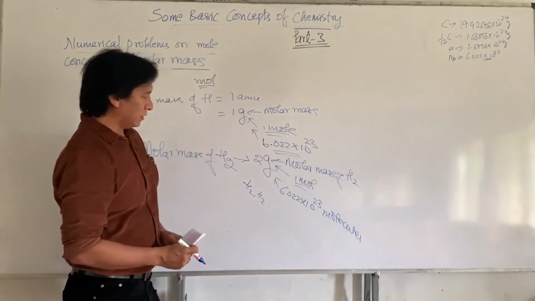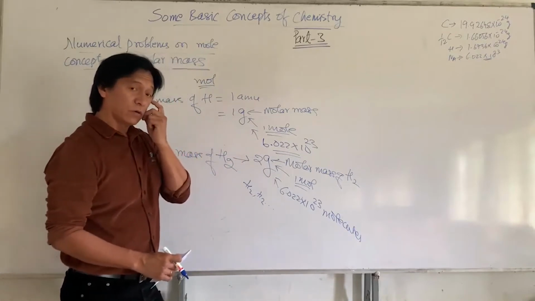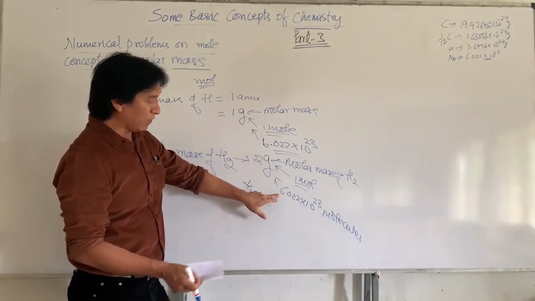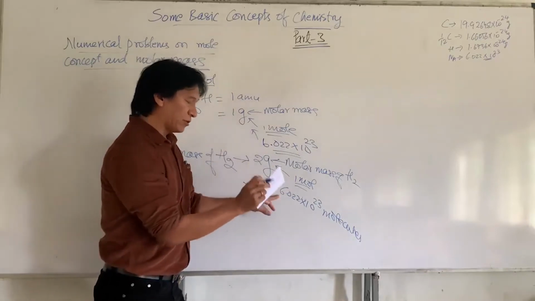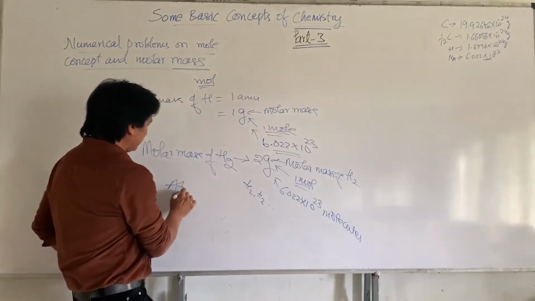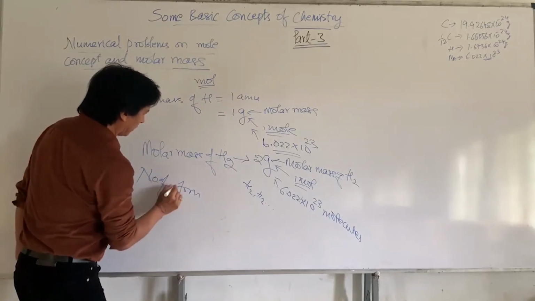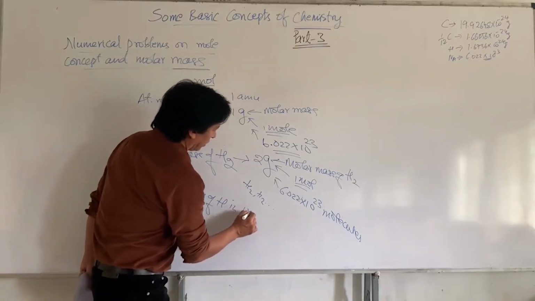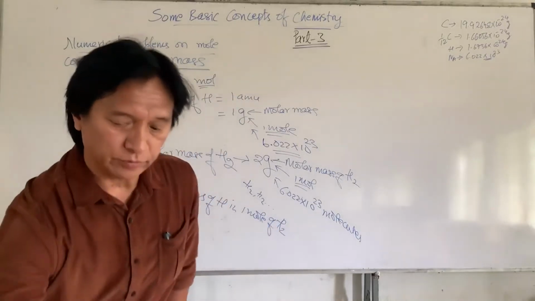Now, if I go one step further, we can also find the number of atoms of hydrogen in 1 mole of dihydrogen. That is, in 1 mole, you have this many molecules of dihydrogen. Now, in each molecule of dihydrogen, H2, you have 2 atoms of hydrogen.